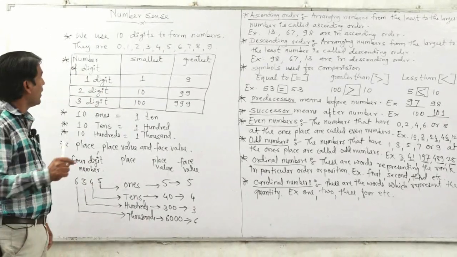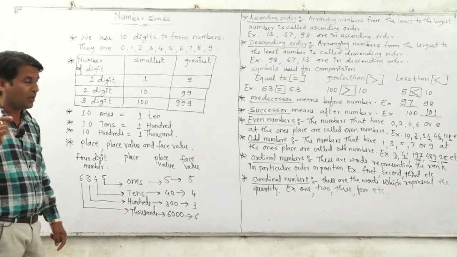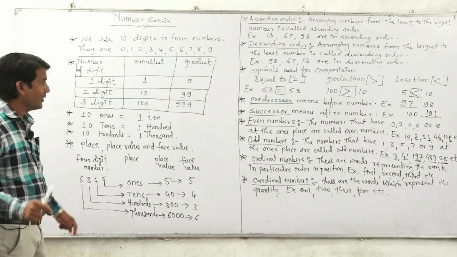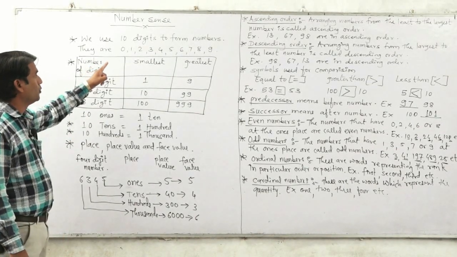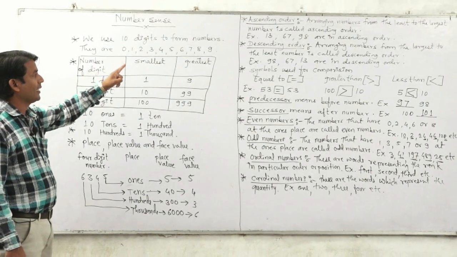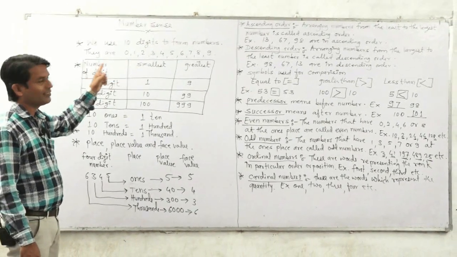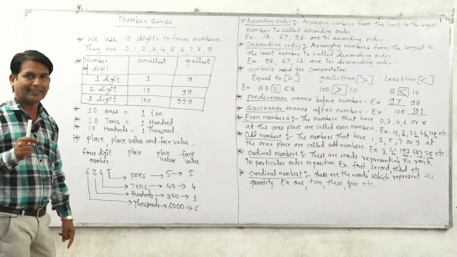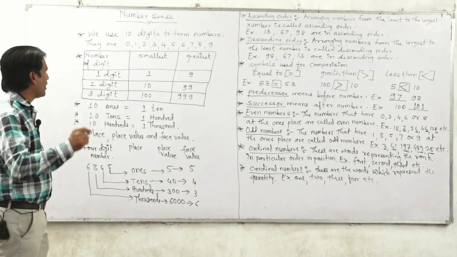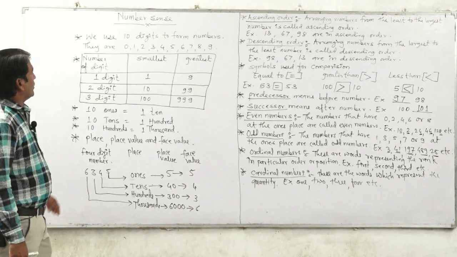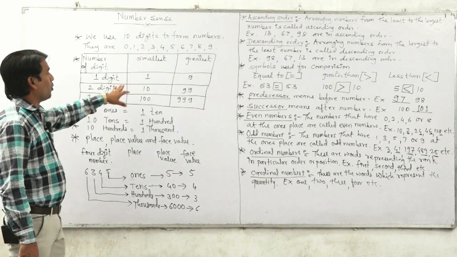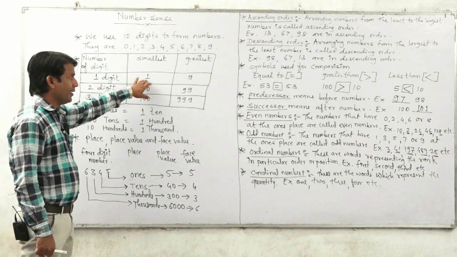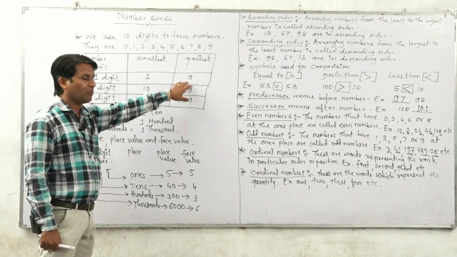We use 10 digits to form any number. These 10 digits are 1, 2, 3, 4, 5, 6, 7, 8, 9 and 0. Smallest 1 digit number is 1. Greatest 1 digit number is 9.